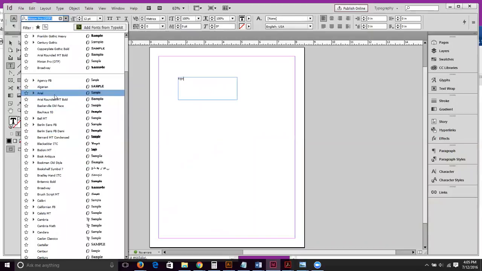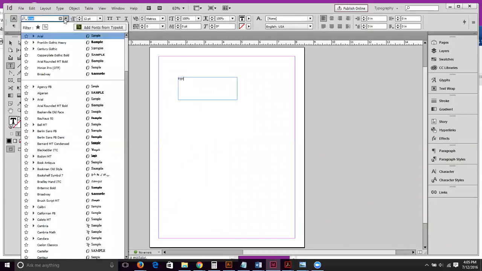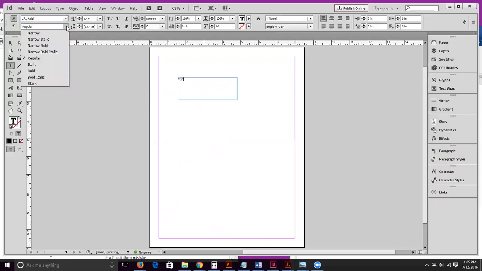Just go into Arial. You can see under the fonts, there are these little triangles next to them, suggesting that they have more styles under that same font. When the designer of Arial created Arial, they created every one of these designs. They figured out exactly what they wanted narrow to look like, and exactly what they wanted narrow italic to look like. This is very different from going into Word and typing something and highlighting it and putting a B on it.